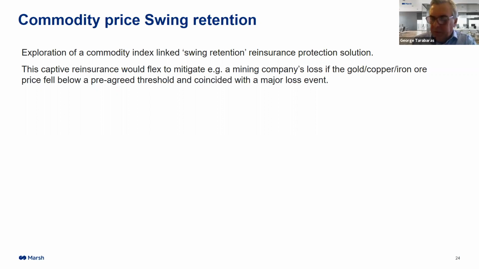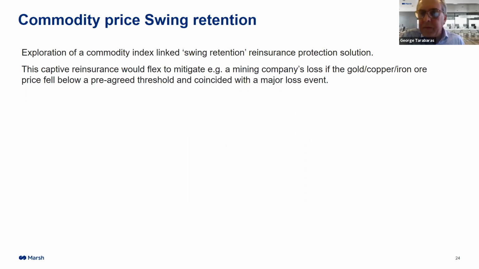Effectively, this is where a client's earnings or expenses are highly correlated to a commodity index, such as in mining, gold or copper, or clients may be highly correlated to the oil or gas price.